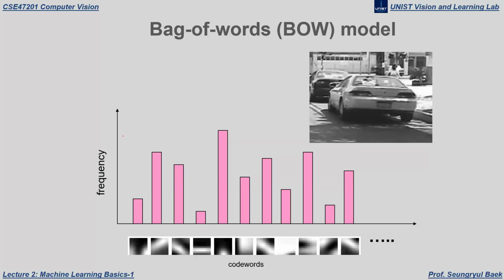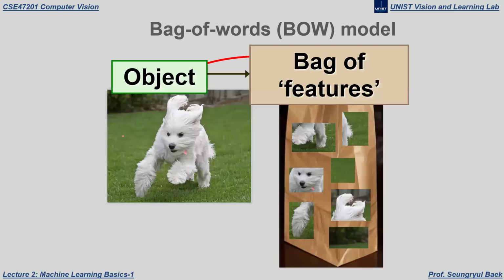That was the problem in the image domain. They also want to encode images as a bag of visual words, but the problem is there are no predefined visual words, like the language.